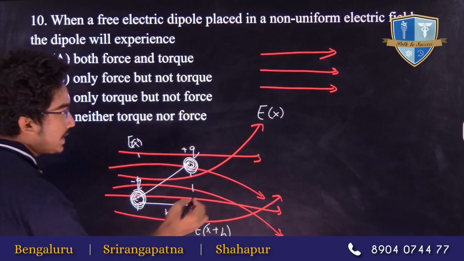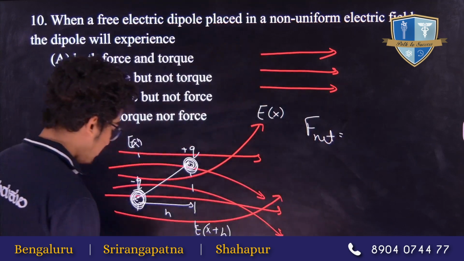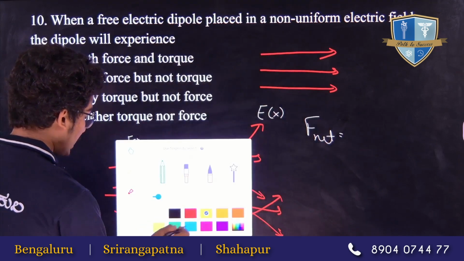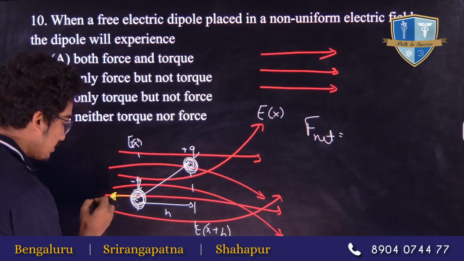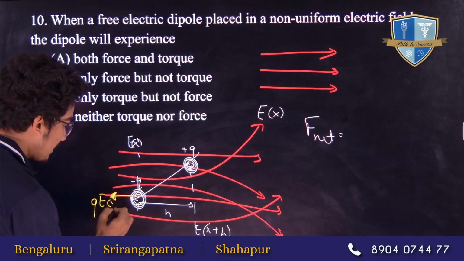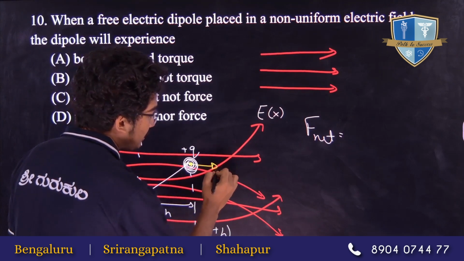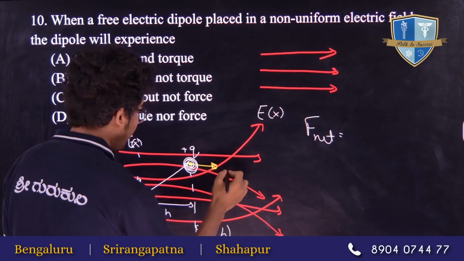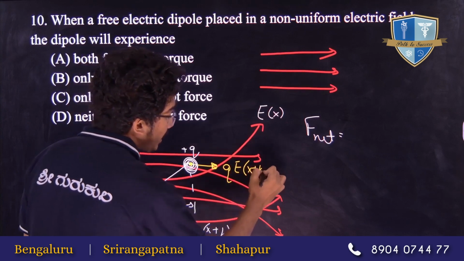So let's write the net force on the electric dipole, F net. The negative charge will experience a force opposite to the electric field, so it will be q times E of x. And the positive charge will experience a force along the electric field, which will be q times E of x plus h.